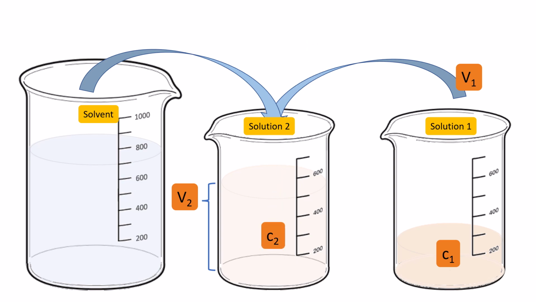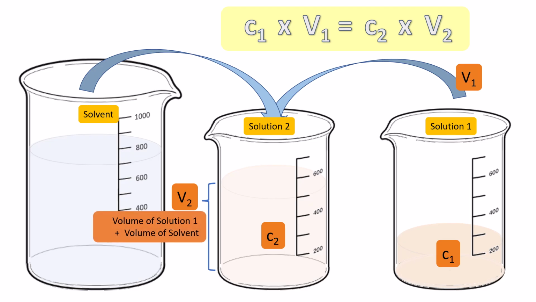The relationship among the four variables is represented by the mathematical formula C1 times V1 is equal to C2 times V2. The fact that the amount of solvent added is not given as an individual variable is easily explained by the definition of V2.